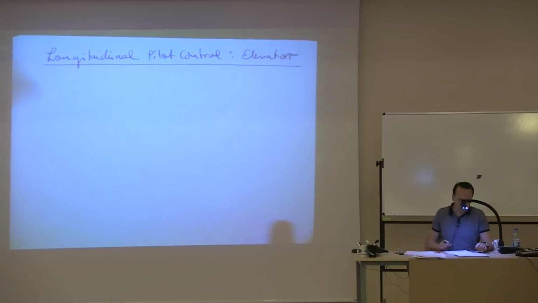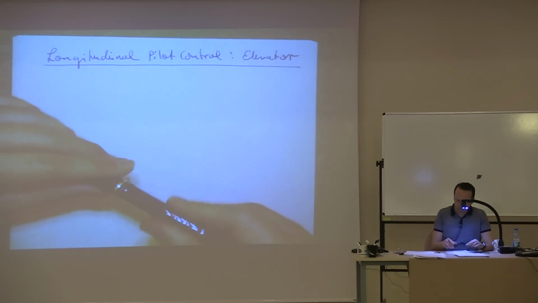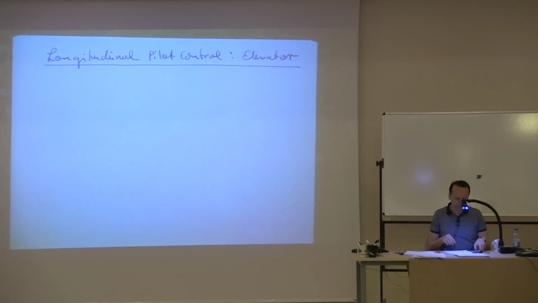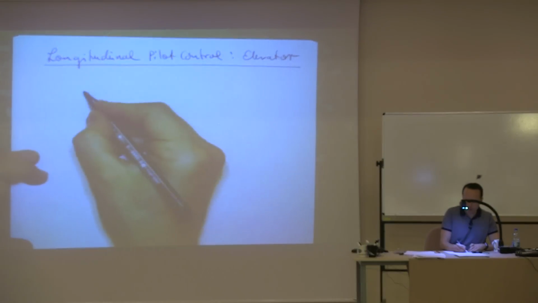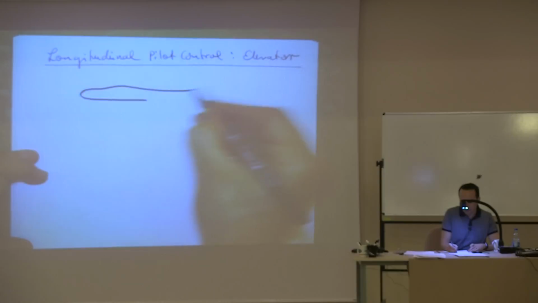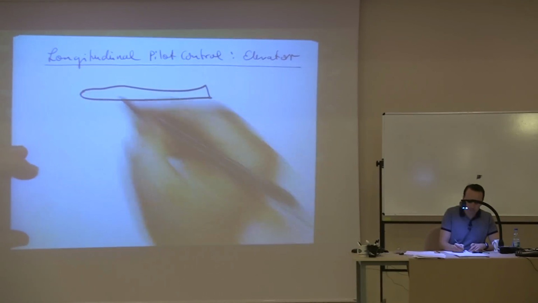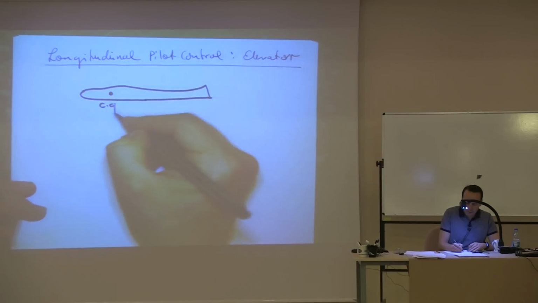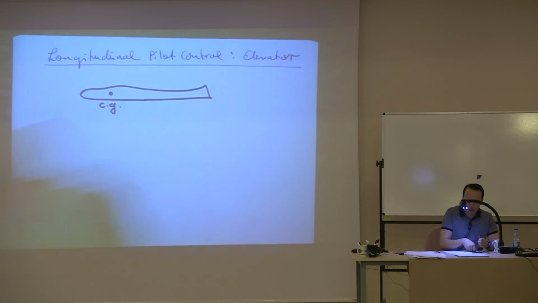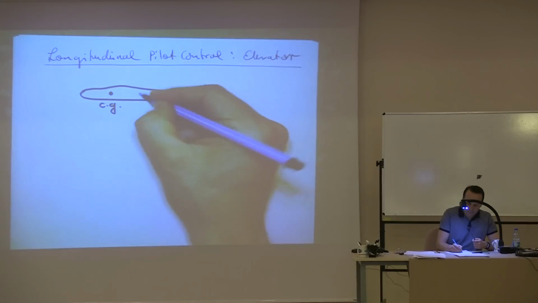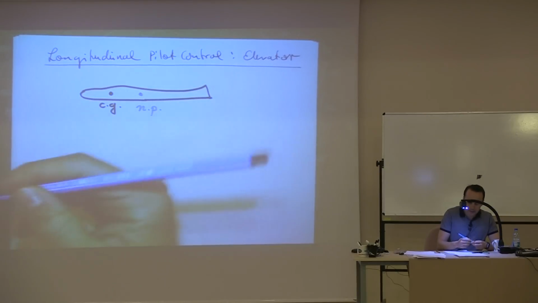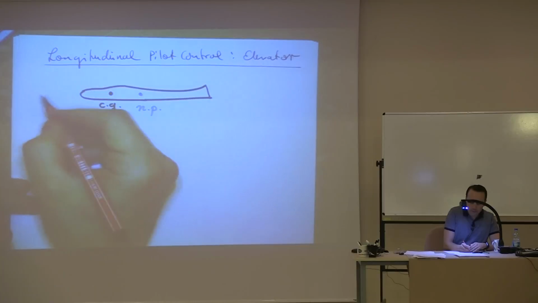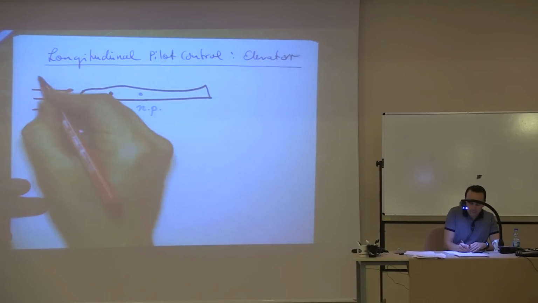We call it the elevator. Now, let's say you have an airplane like that in forward flight. This is your CG, and this is your neutral point. You're flying very nicely in air, and you are in trimmed flight.